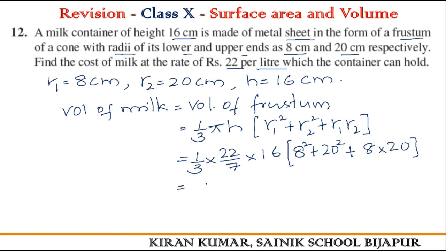Let's simplify this. We'll be getting 22 into 16 divided by 21 multiplied to, see, 8 square is 64, 20 square is 400, plus 8 times 20 is 160.